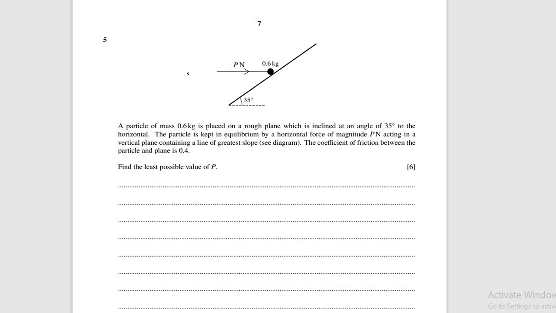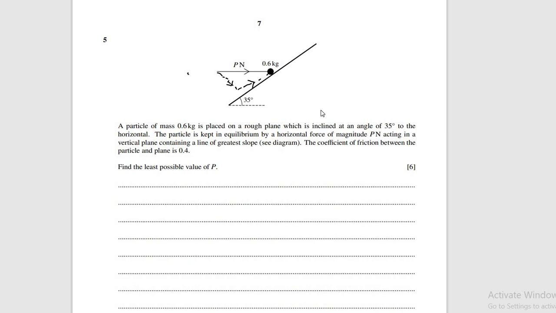Now, when you check the diagram, like I did in my last video, you can see the force P is not properly placed, it's tilted. So it will maintain the same angle 35. So we are going to resolve the P vertically and also horizontally. That's the whole idea.